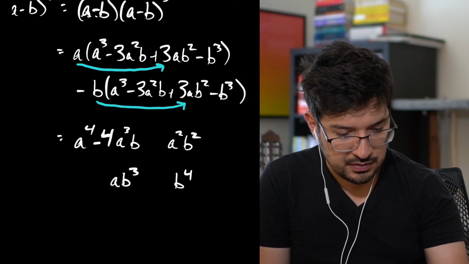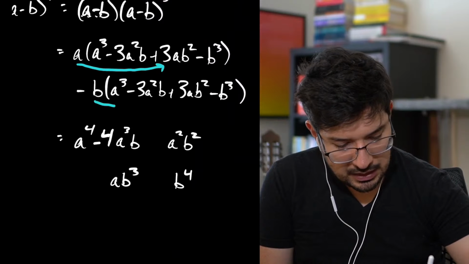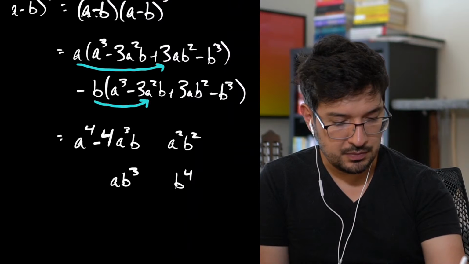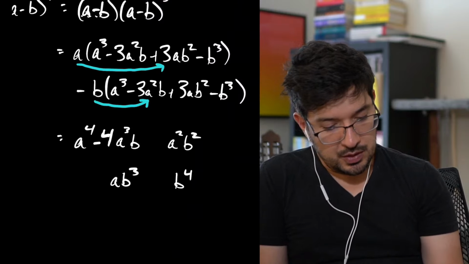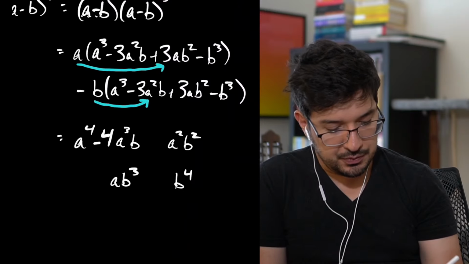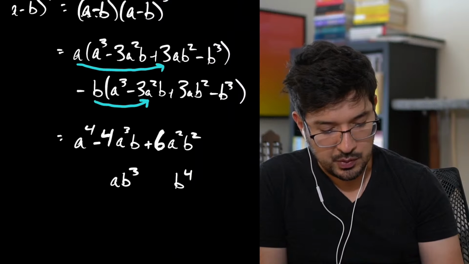Oh, yeah, this second one wasn't correct. B times a squared b. Yeah, b times a squared b. So we have positive 3, positive 3. This is going to be positive 6 a squared b squared.